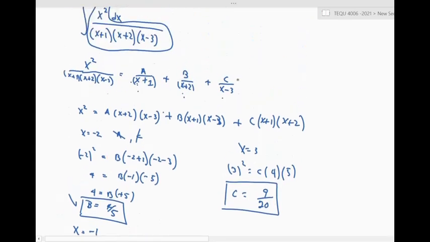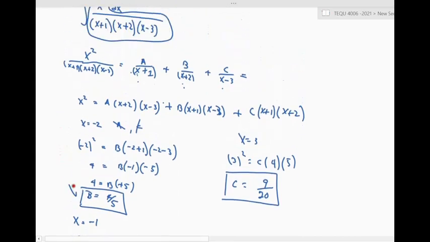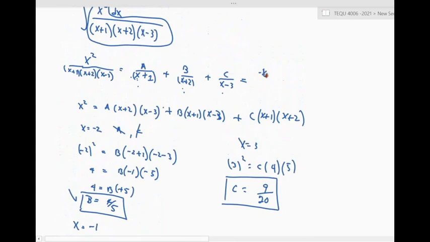All right, that's the three values, and with those three constants calculated, the only thing we need to do is put those constants right here. See? So the first one, A, we said the value of A is -1/4 over x plus 1, plus B, but B is 4/5 divided by x plus 2, and the last value is plus 9/20 over x minus 3.